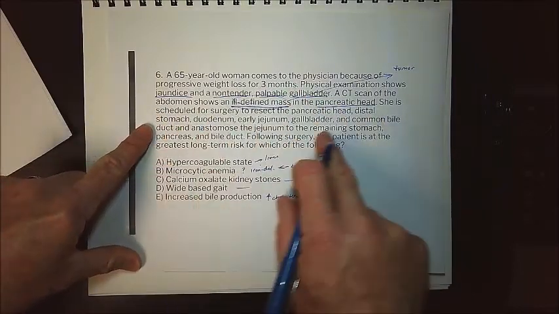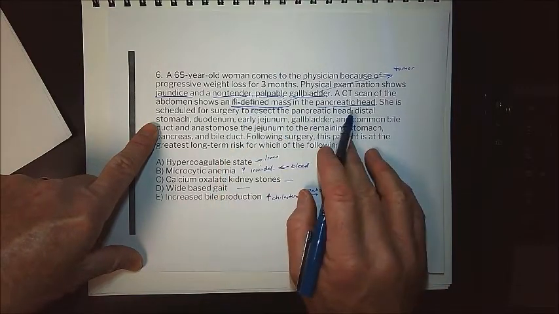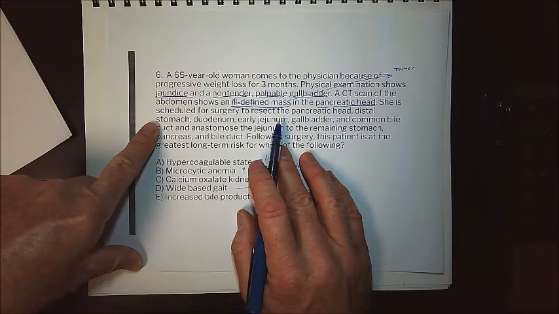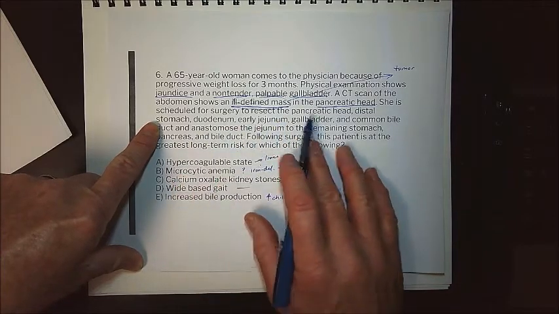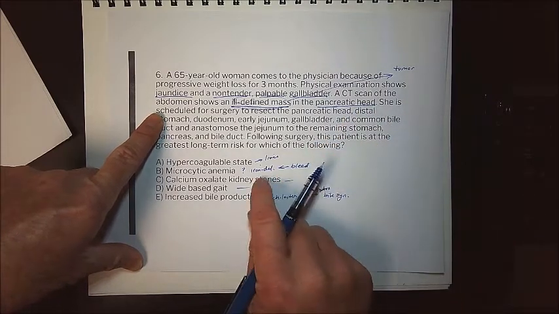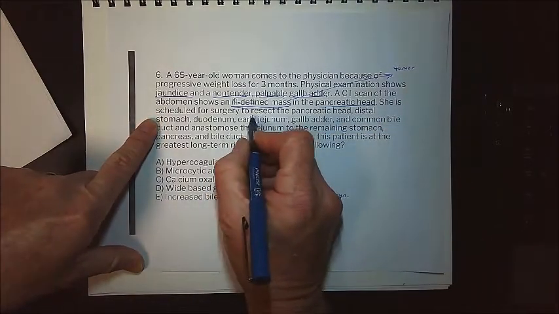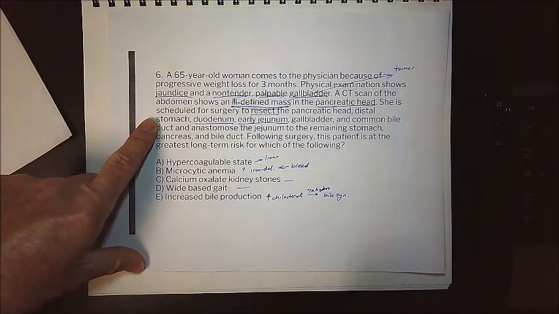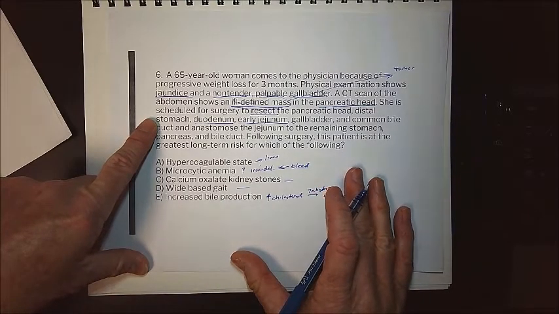There's nothing in here indicating that we're going to have a GI bleed because we have a tumor that's being resected and we have some local areas that the tumor has metastasized to, but there's nothing in here giving an impression that there's going to be a bleed. So, where does the iron deficiency come from? Resect duodenum and early jejunum. So where this is going is looking for the uptake mechanism for the cofactor iron.